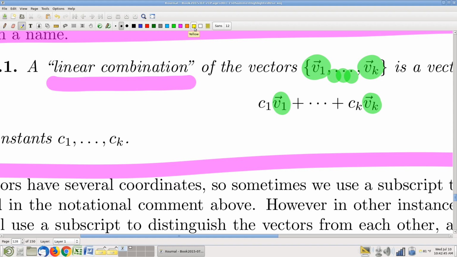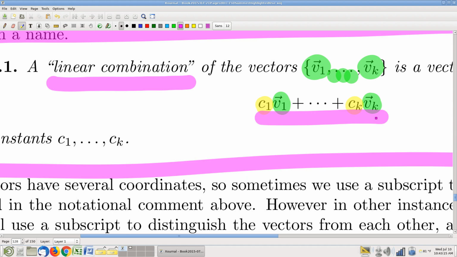It is what you get when each of those vectors might be multiplied by some scalar, and then you add up those results. So this is just a definition. A sum of scalar multiples of a list of vectors. This expression comes up surprisingly often, so often it needs to have a name. The name we use is linear combination of those vectors. Right? So like I say, just terminology.